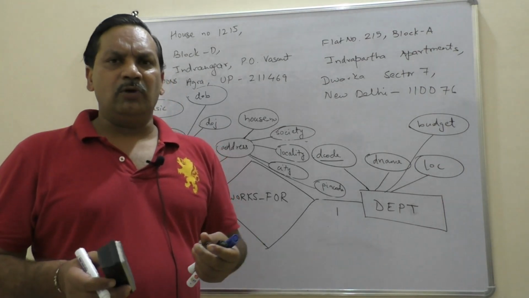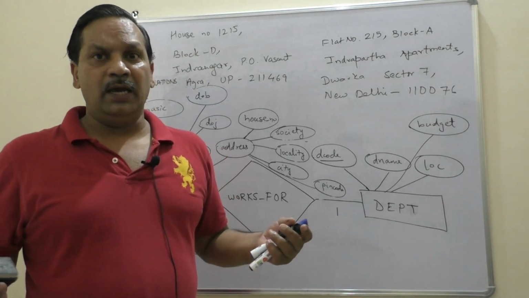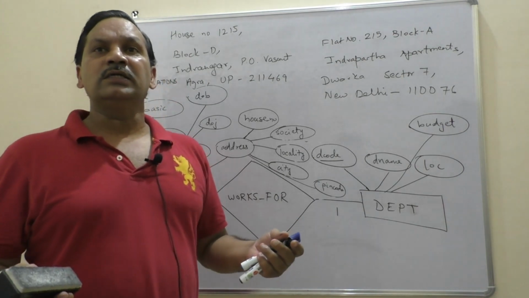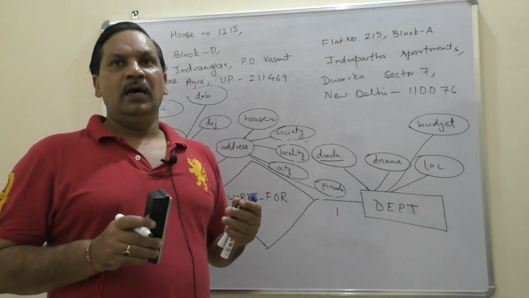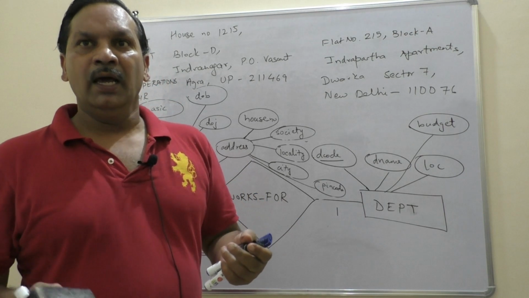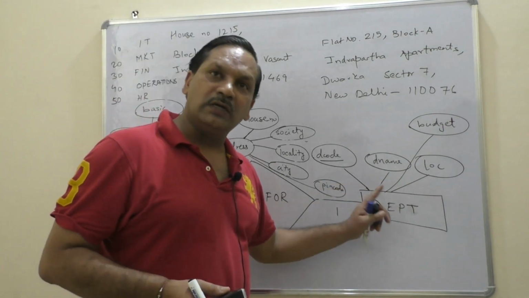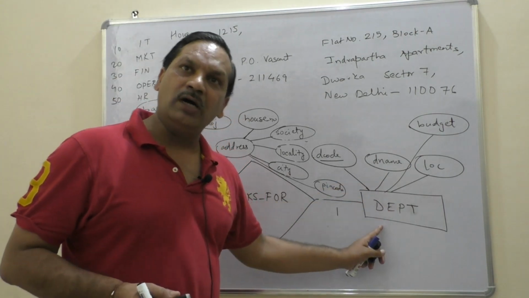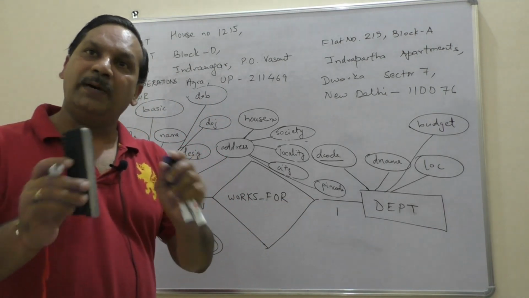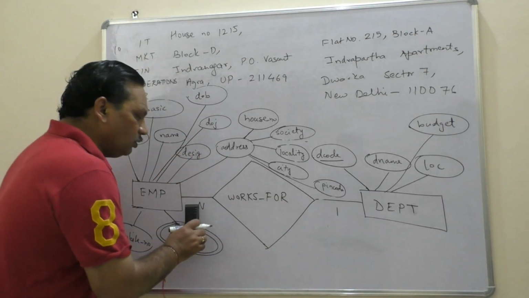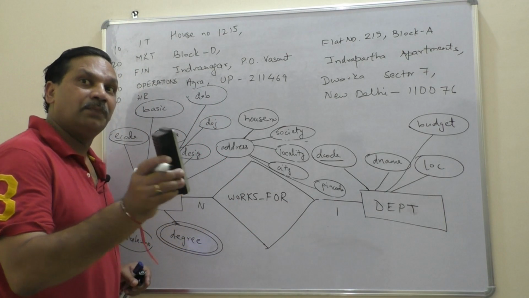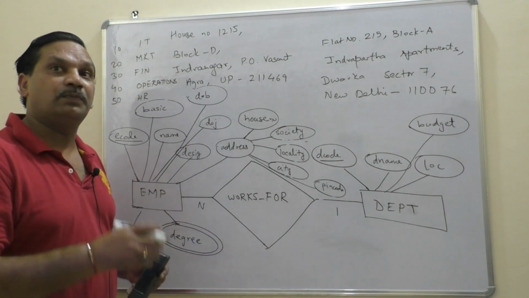Now, can you give me an example? Can there be an employee who works for no department? No, it cannot be. Every employee has to work for some department, and every department has got a certain number of employees working in that department. So now coming to the participation. Another concept we call is participation.